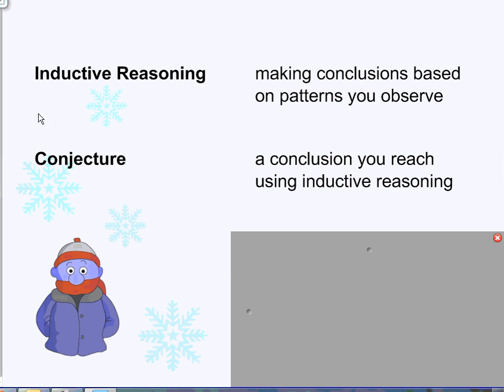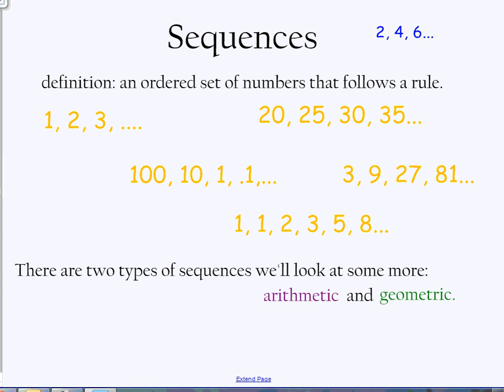Okay? All right. So the next vocabulary word is kind of encompassing this entire slide. It's a sequence. A sequence is an ordered set of numbers that follows a rule. All right?